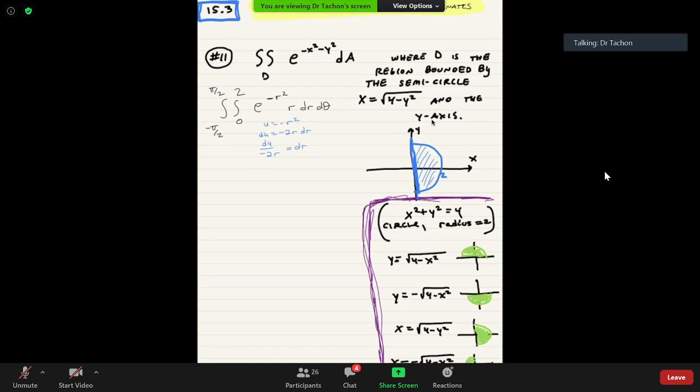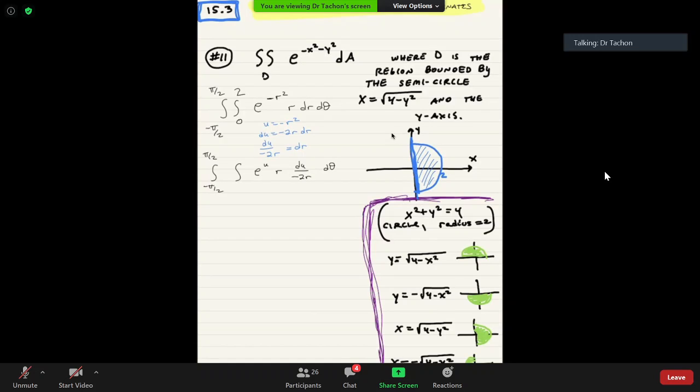Okay, so rewrite the integral. So we have the negative pi over 2 to pi over 2, which I may do the doubling thing in the next step. Okay, and then we're integrating e to the u. Okay, and then you have the r, and then dr is du over negative 2r. Okay, and then the d theta out here, but we're going to concentrate on this right now.